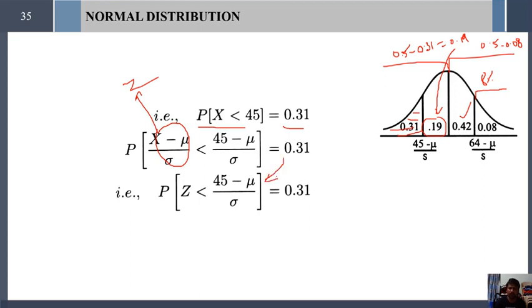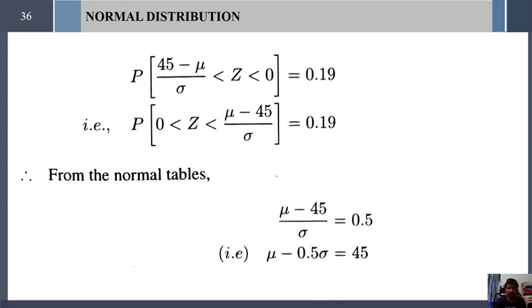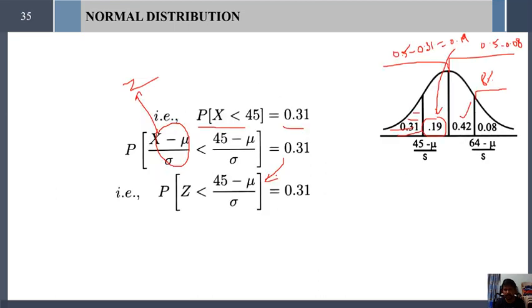Next, see probability of (45 minus mu) divided by sigma less than Z less than 0 equal to 0.19. So this is the remaining area, 0.19.